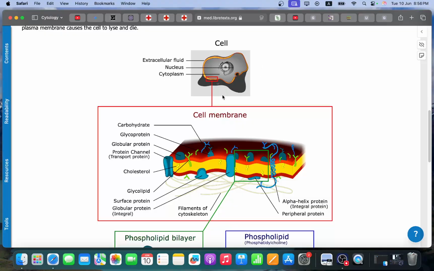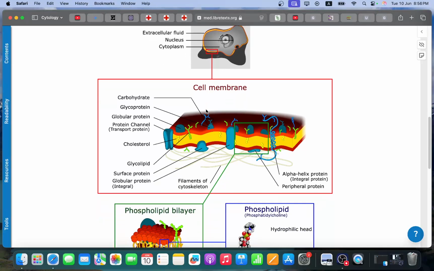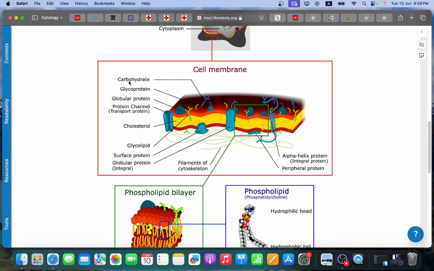And this is the structure: extracellular fluid outside, nucleus inside, cytoplasm inside, cell membrane. I think I would recognize this right now. Carbohydrate, glycoprotein, basically glycoprotein, and carbohydrates sitting directly there. Okay, didn't know that.